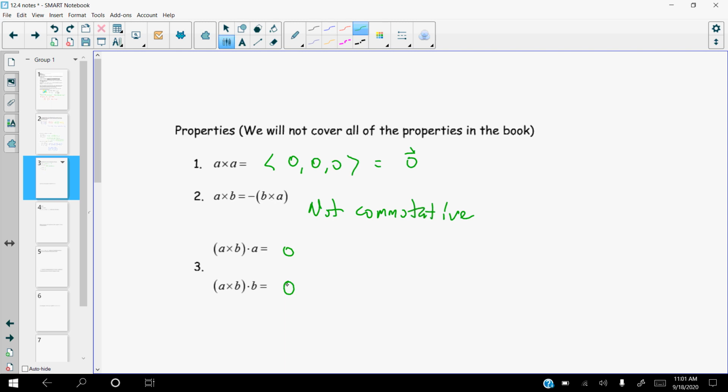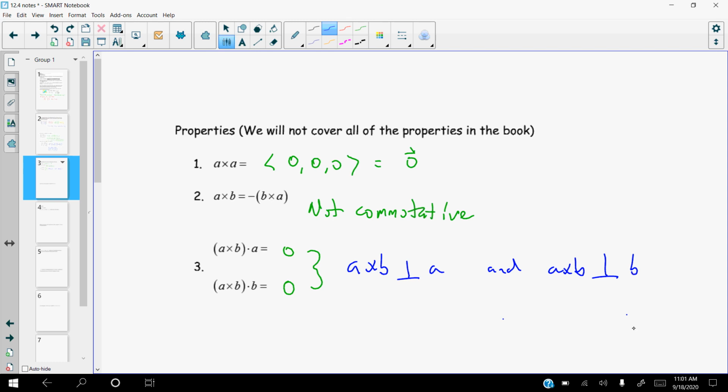So what that actually tells us for both of these examples, if I take A cross B, it is going to be perpendicular to A. And if I were to take A cross B, it is also perpendicular to B.